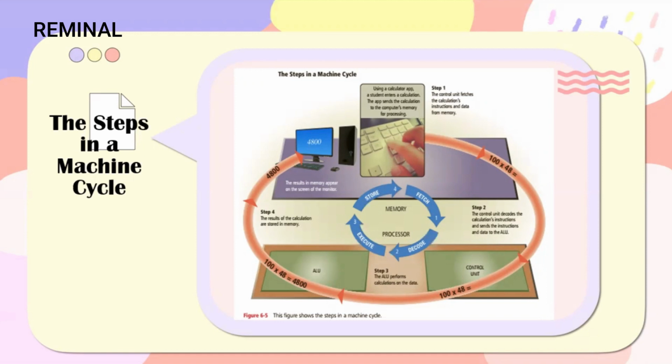And step 3, after nating ma-execute or ma-perform ito ng ALU sa data, dito na lalabas yung step 4. Ibig sabihin, makukuha na natin yung results of calculation na mag-a-appear sa screen ng computer. And that is the result of the calculation that's stored in the memory.